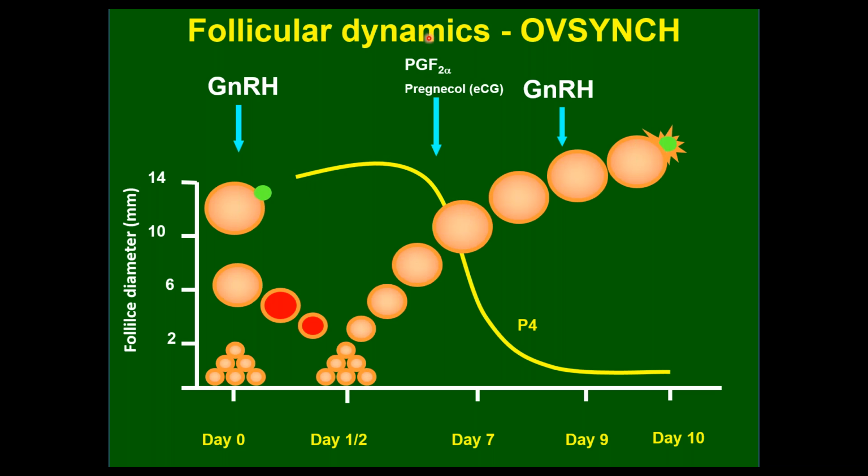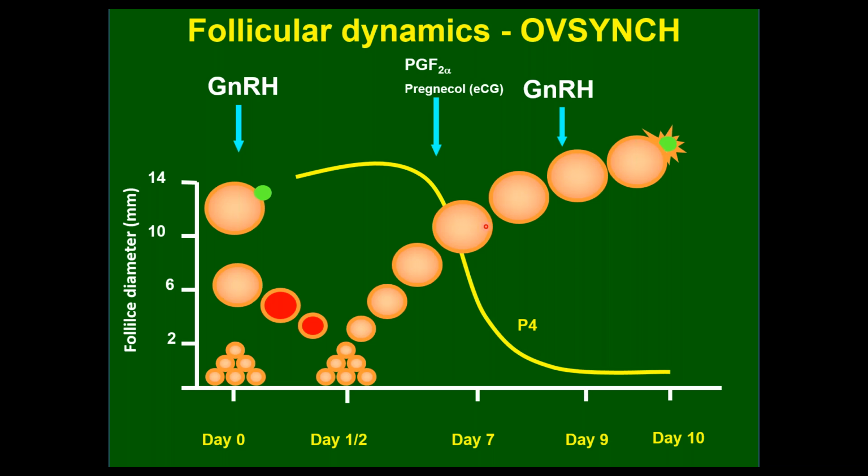Now, around day 7, you then need to remove any circulating progesterone that is in the system to enable the dominant follicle to grow. The prostaglandin will do this, but this is also the time when you can administer Pregnecol, or eCG, to allow the growth of that dominant follicle.